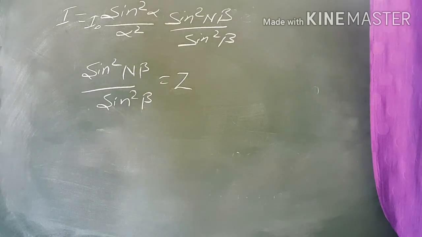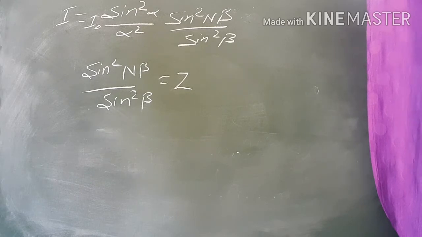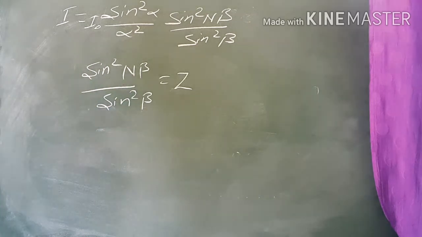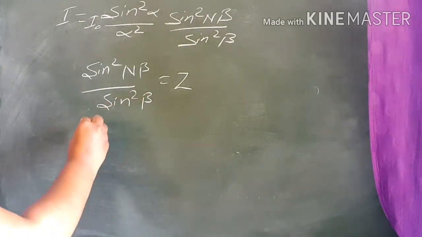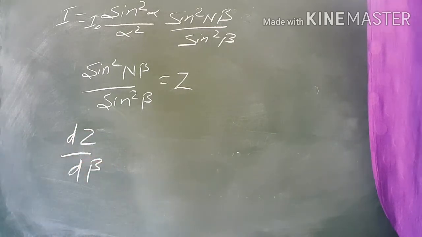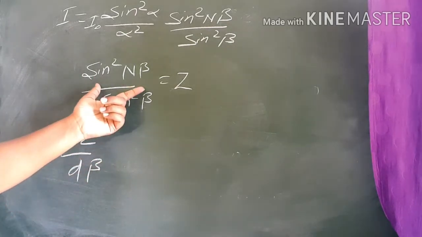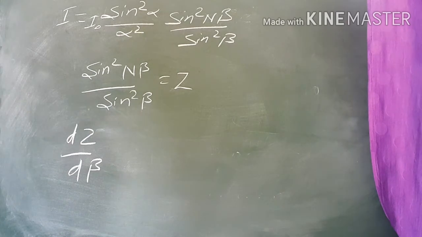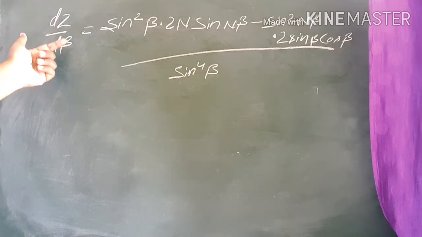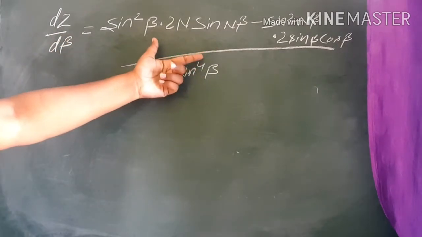Now to find the maxima and minima, we have to find the slope, or differentiate this. We have to find dz by d beta, differentiating this equation with respect to beta. By differentiating z with respect to beta, we get this equation.